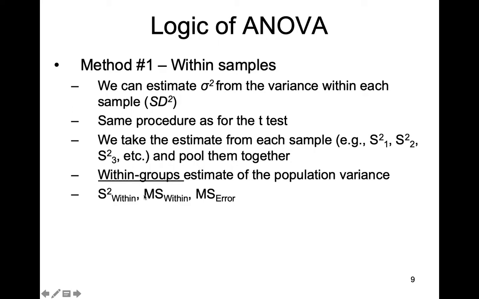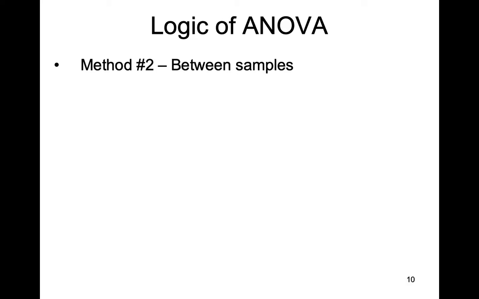What you will also see in other statistics textbooks for the behavioral sciences, as well as our own, in fact, is an MS within or an MS error. So all three of these terms are actually equivalent. The MS stands for mean square. So mean square within. Those are all equivalent. It's an estimate of the population variance that is figured using this within samples approach.